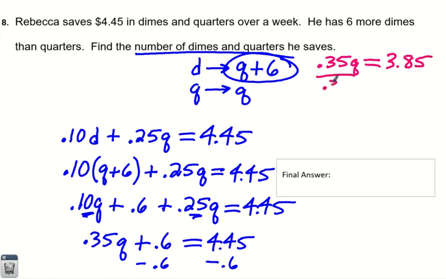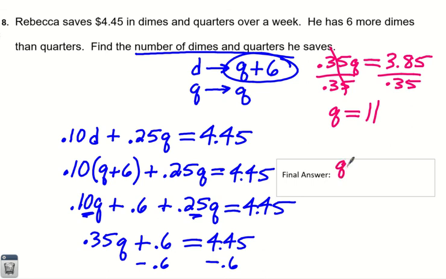And now we would, of course, divide both sides by 0.35. And it looks like q equals 11. So we needed to find the number of dimes and quarters.